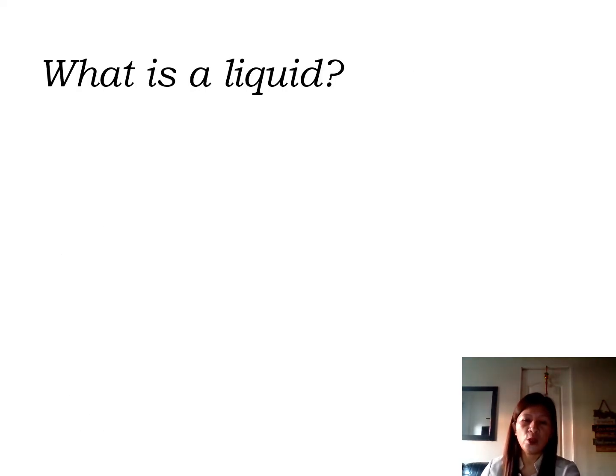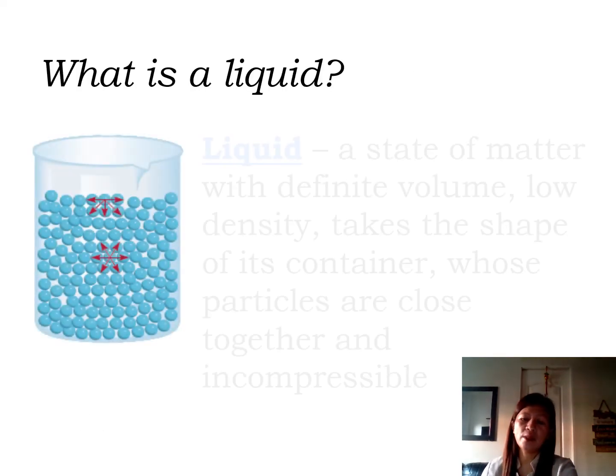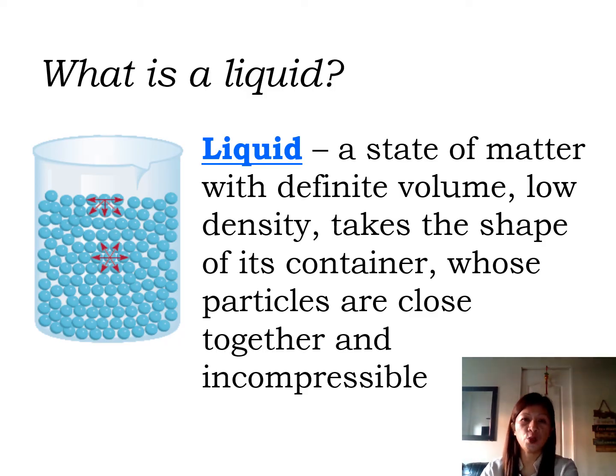Let's now define a liquid. What is a liquid? A liquid may be defined as a state of matter with definite volume, low density, takes the shape of its container, whose particles are close together and are incompressible. Because of the limited spaces between particles, they are incompressible. Particles are also in random motion. They are not closely packed.